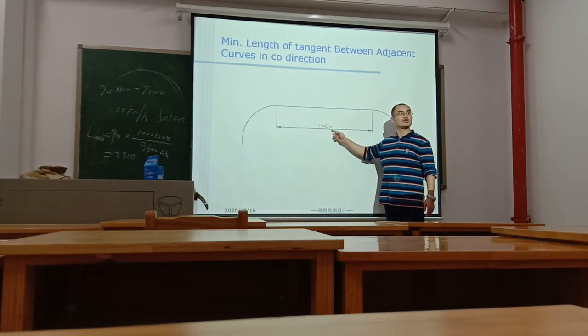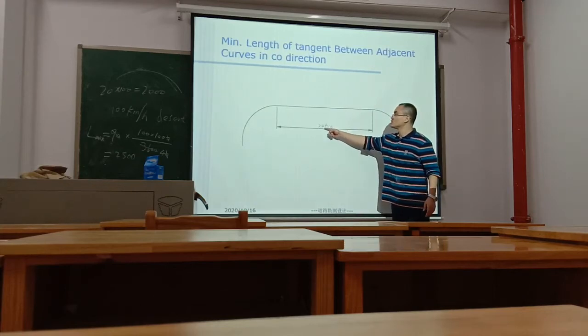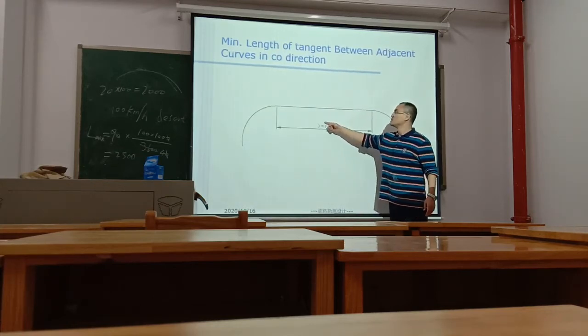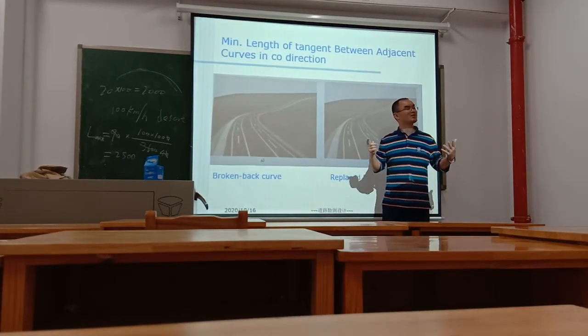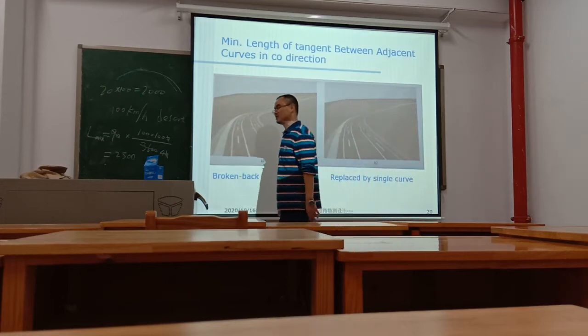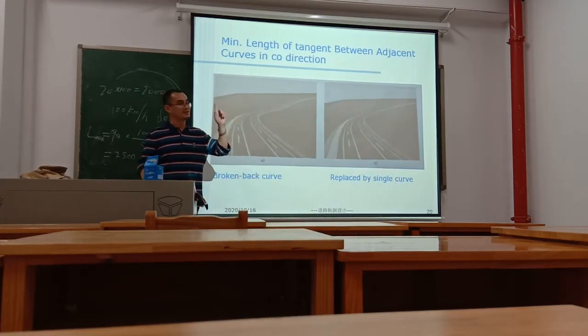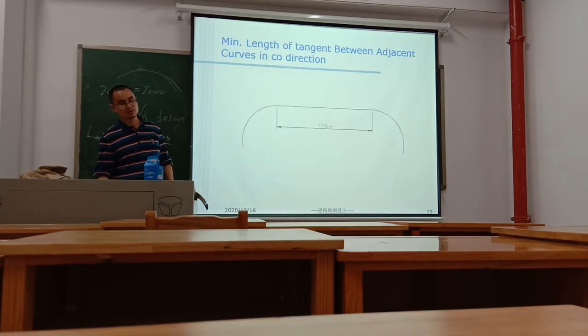The unit of V is kilometers per hour, but the unit of the result is meter. Not kilometer. The unit of the result is meter.